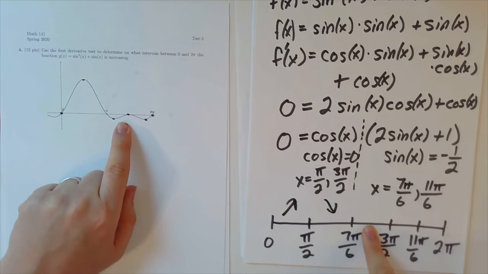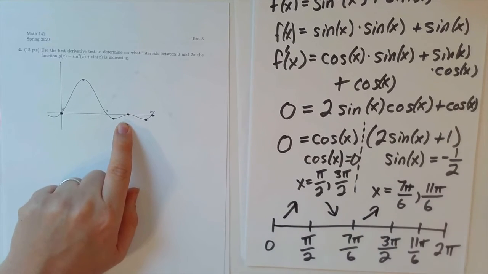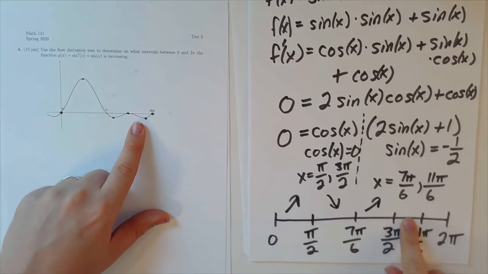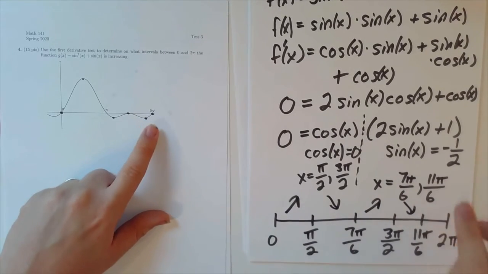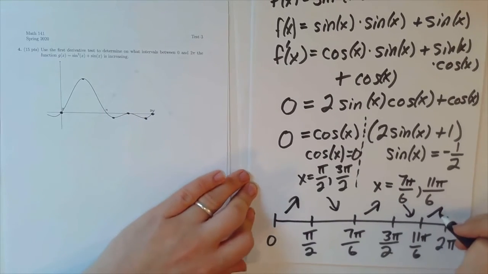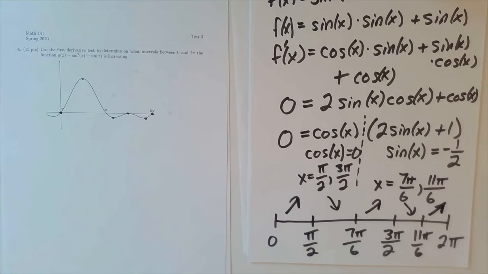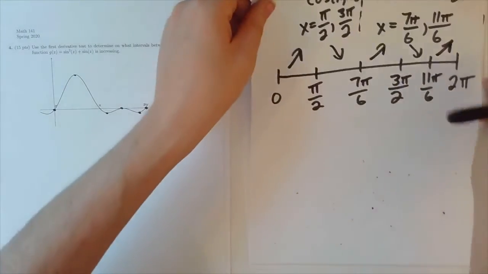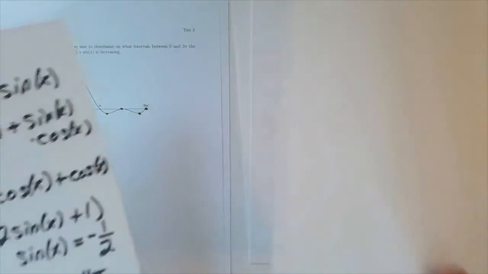Likewise, here it's increasing. Here it's decreasing. And over here, it's increasing. Okay, and our way of writing this answer is to say, okay, well, what intervals is it increasing?